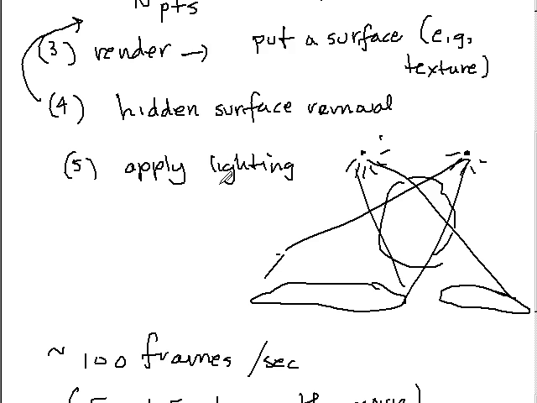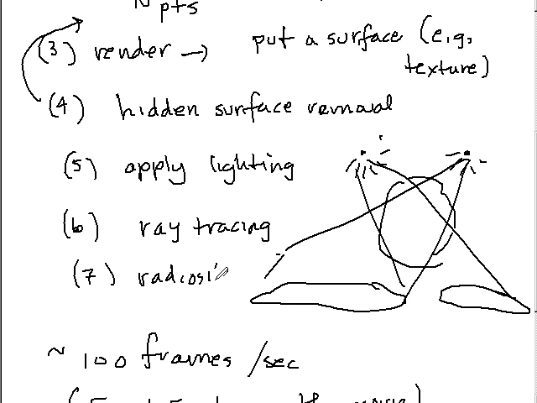Now, if you really want to do fancy stuff, you'll do things like ray tracing because, for example, when you have two objects lit up, there's some indirect lighting that bounces off one object onto another, which makes it more realistic. And then there's something called radiosity, so that whenever you have things which are hot, they kind of provide a glow and things like that.